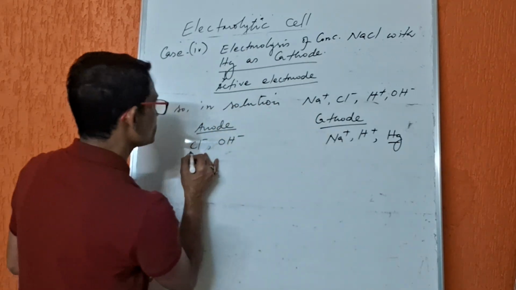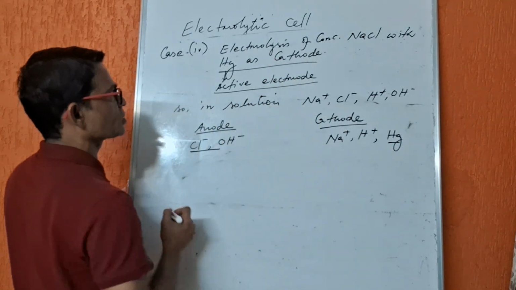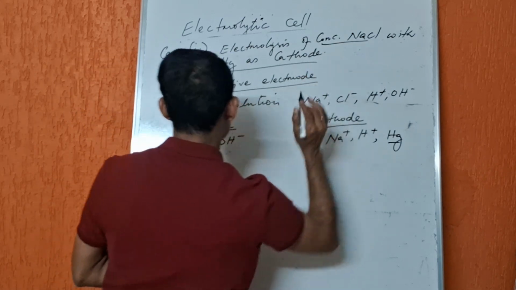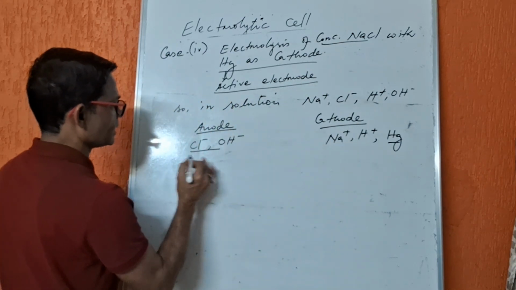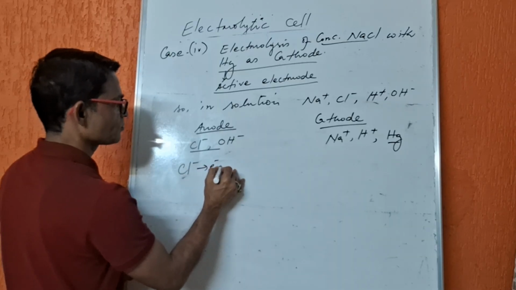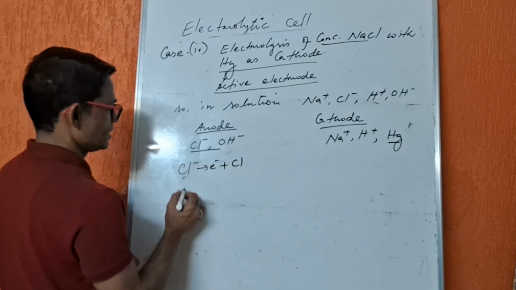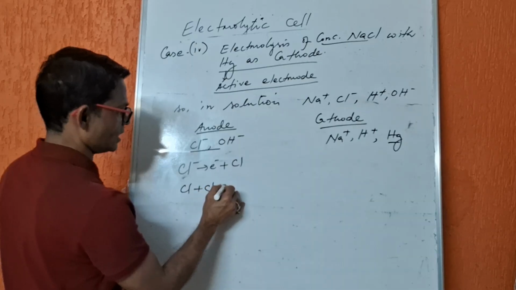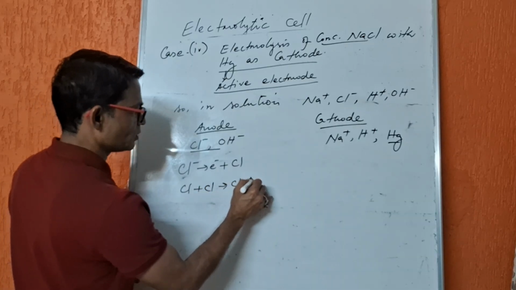Since it is concentrated sodium chloride, Cl minus will lose an electron, and Cl plus Cl will give Cl2, which will leave.